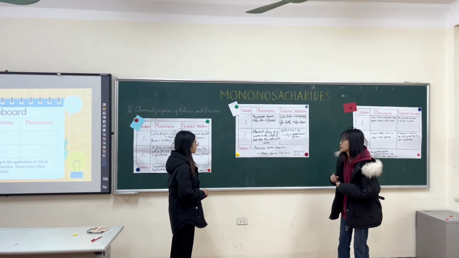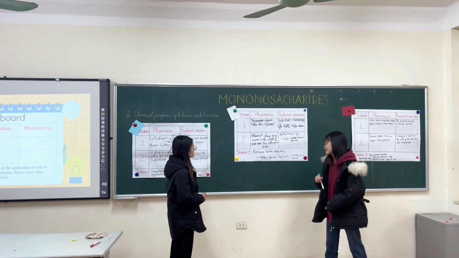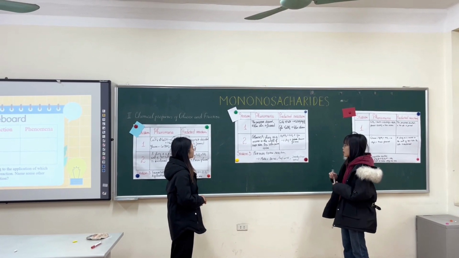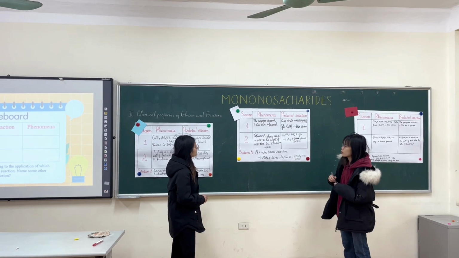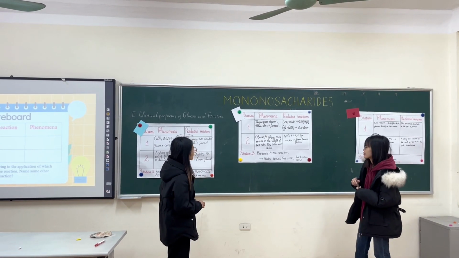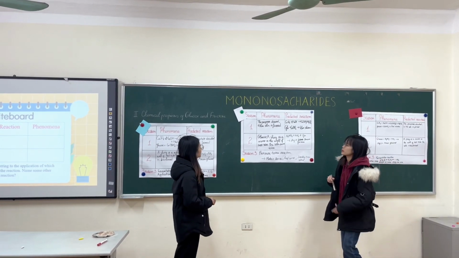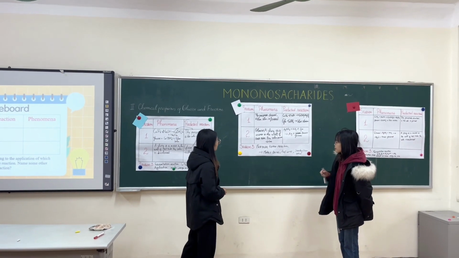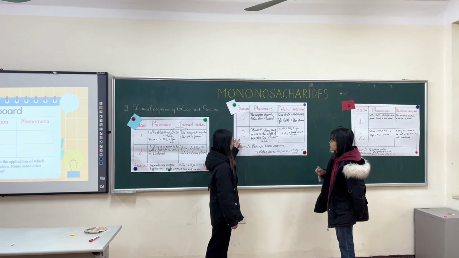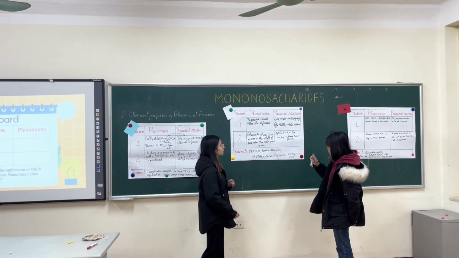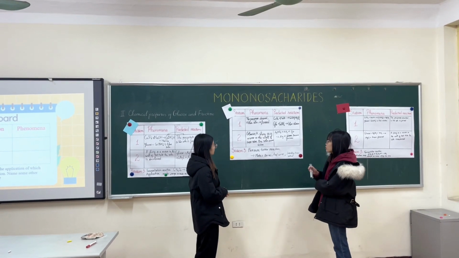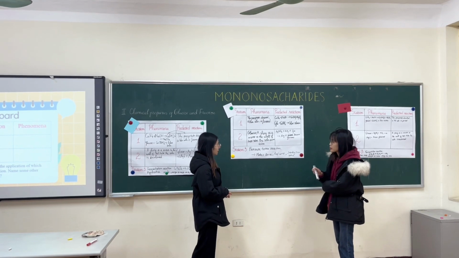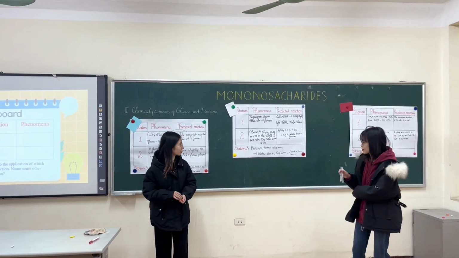Yeah, about the reaction of glucose with bromine solution, when I put glucose in bromine solution, I see the bromine solution becomes colorless. Yes. And does this reaction prove that glucose has which functional group? I think that glucose has an aldehyde group. Yes, thank you.